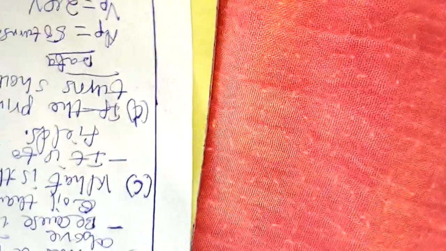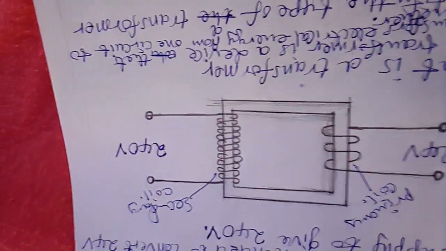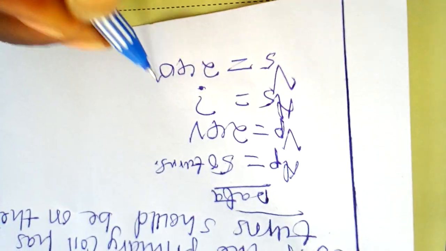Then number of turns in secondary, we have not been given, it's the one we are looking for. Then voltage in secondary, we have been given 240 volts.